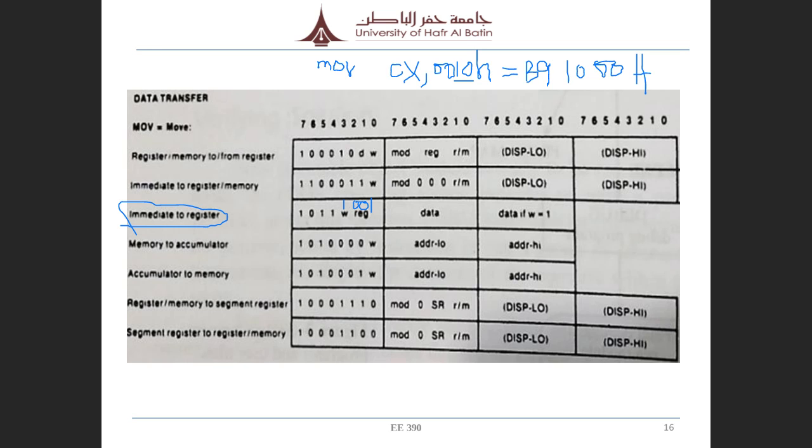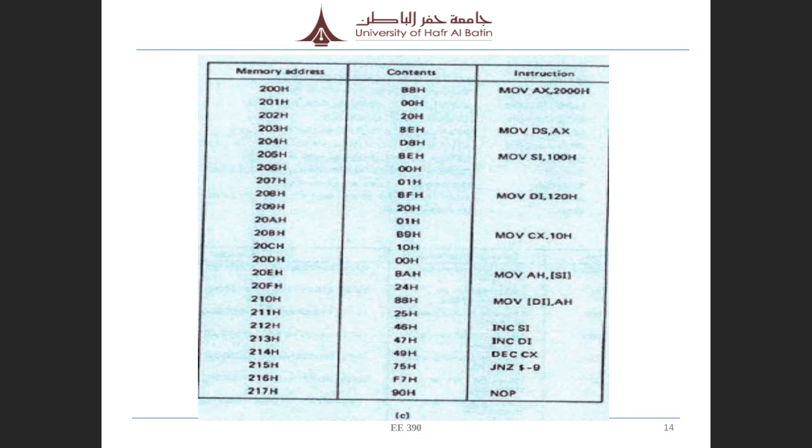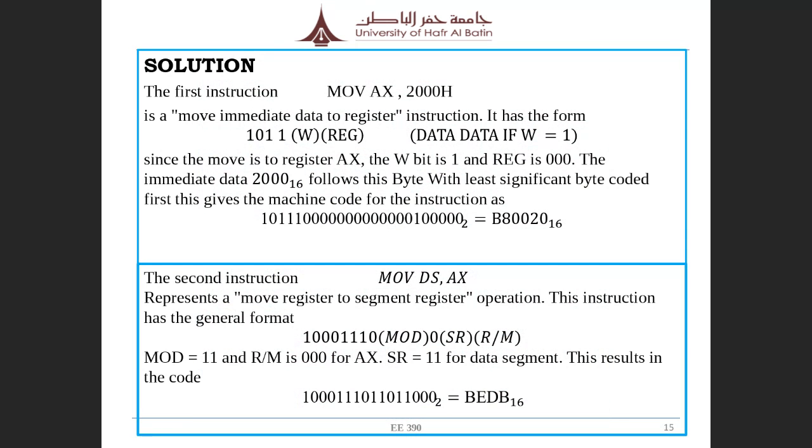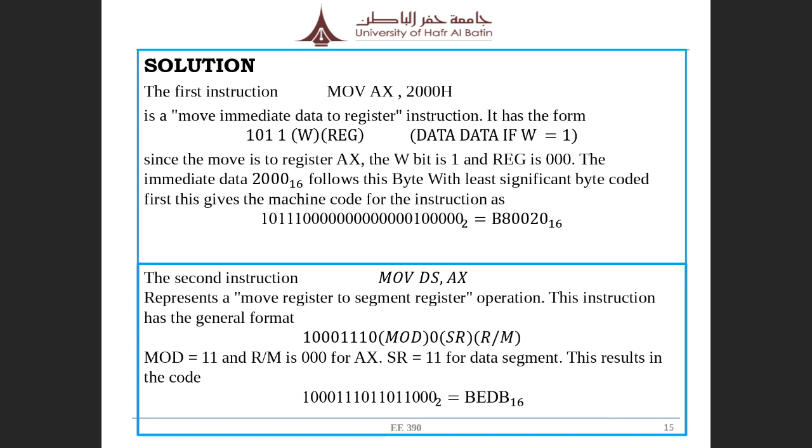Is it clear? For this instruction, it is B9 10 and then 00, so it needs the next 3 memory locations. All right, so we got 4 examples of immediate to register. Very good, they are similar.